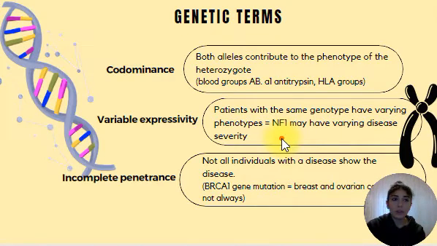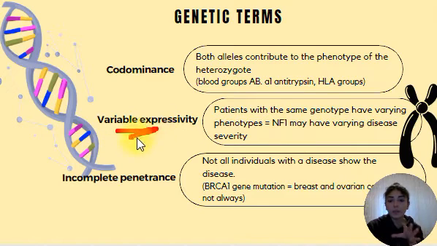For example, one child has it, then the second one has capillary spots on their body. The third child has skin freckles, right, in the groin or in armpits, something like that. So we have variable expression of this disease, variable presentation of the disease in different children.